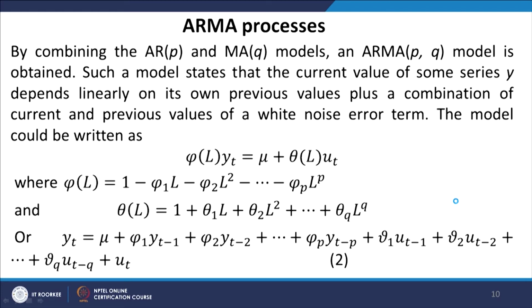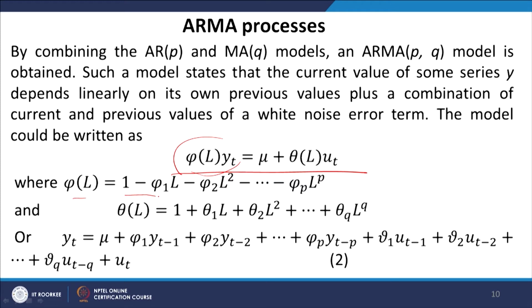The model could be written as phi(L) y_t equals mu plus theta(L) u_t. This is simply when we bring together the AR component and the MA component. The name itself suggests that both are put together to form this model, called an ARMA process.